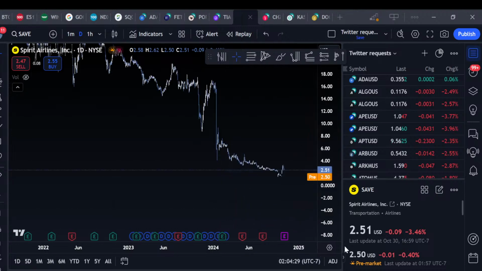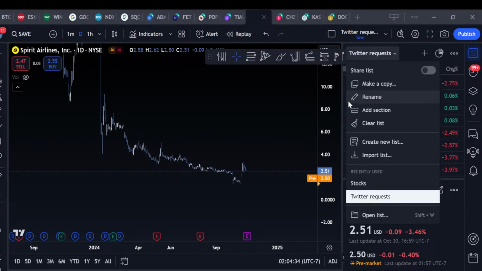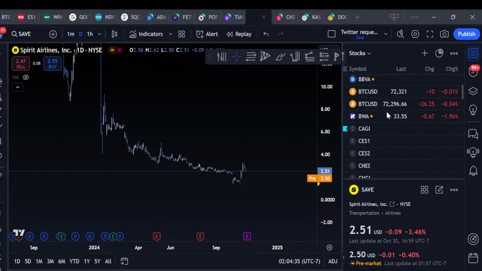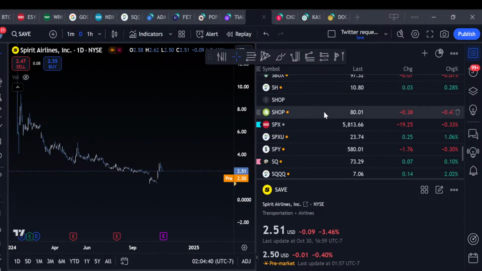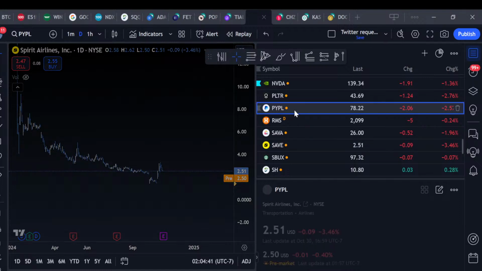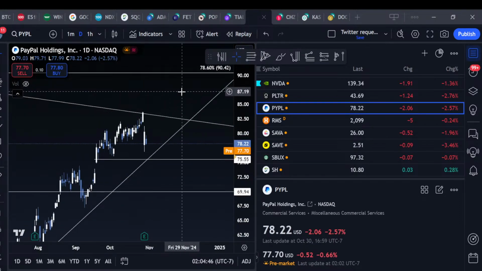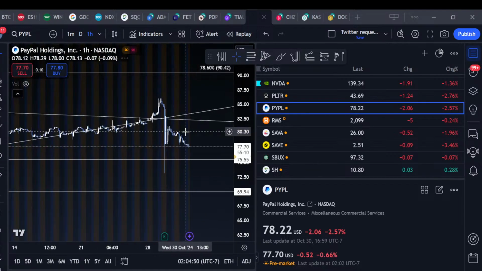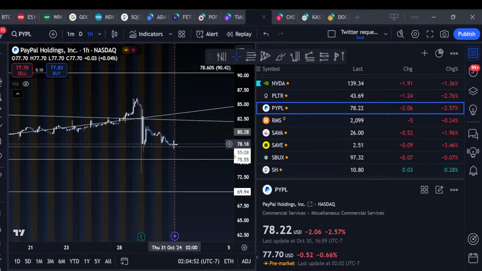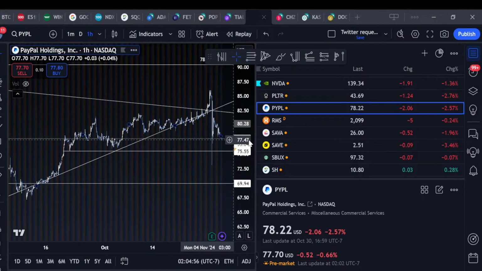Spirit Airlines. I just had this pulled up randomly. Just trying to think if there's anything I want to. PayPal, big sweep of this low. I'm going to come fill this wick into the New York Open.